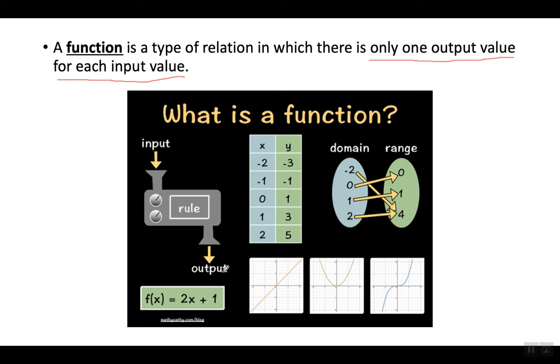It's impossible in order for it to be a function. When you input a number into the rule, you can only get one answer, period. If I input x equals 5 and I get two different numbers, like y equals 11 and also y equals 32.